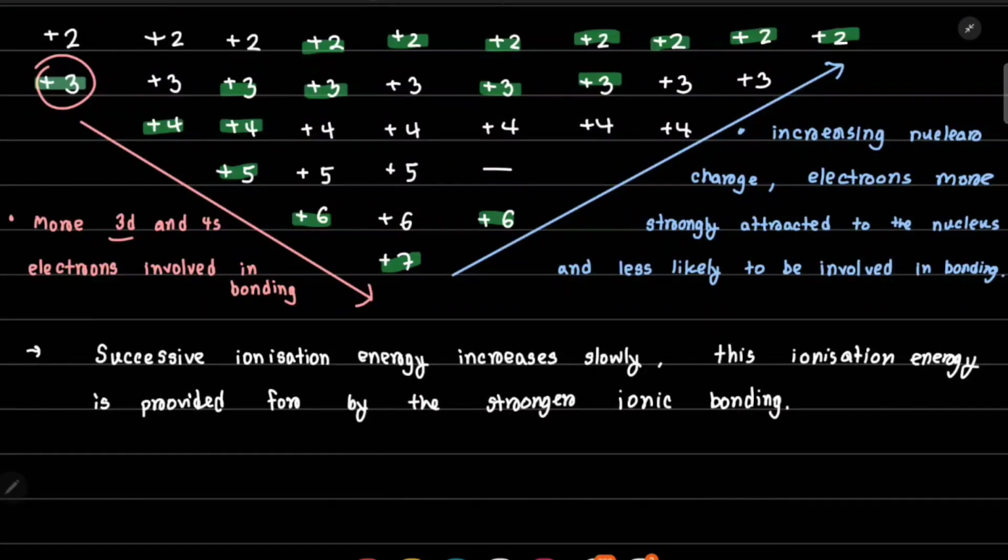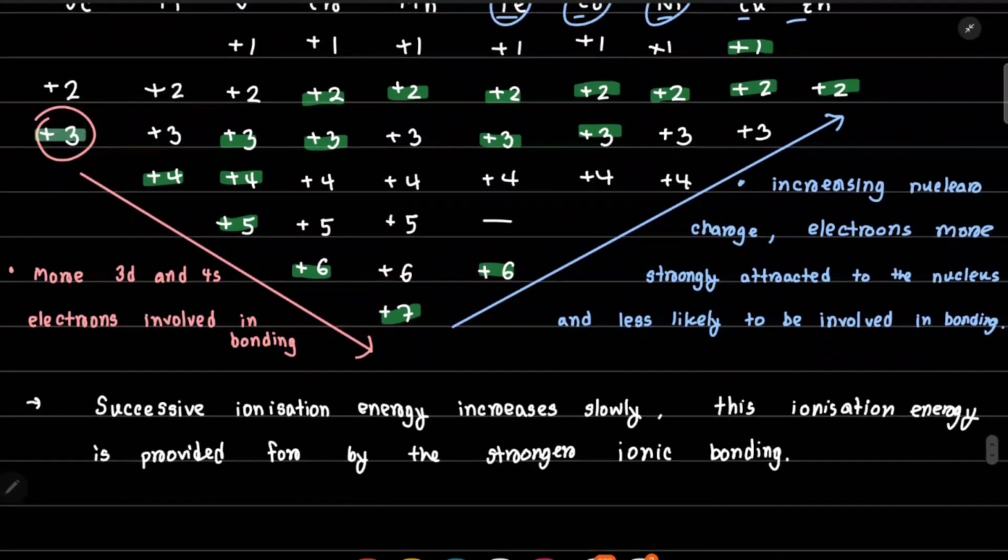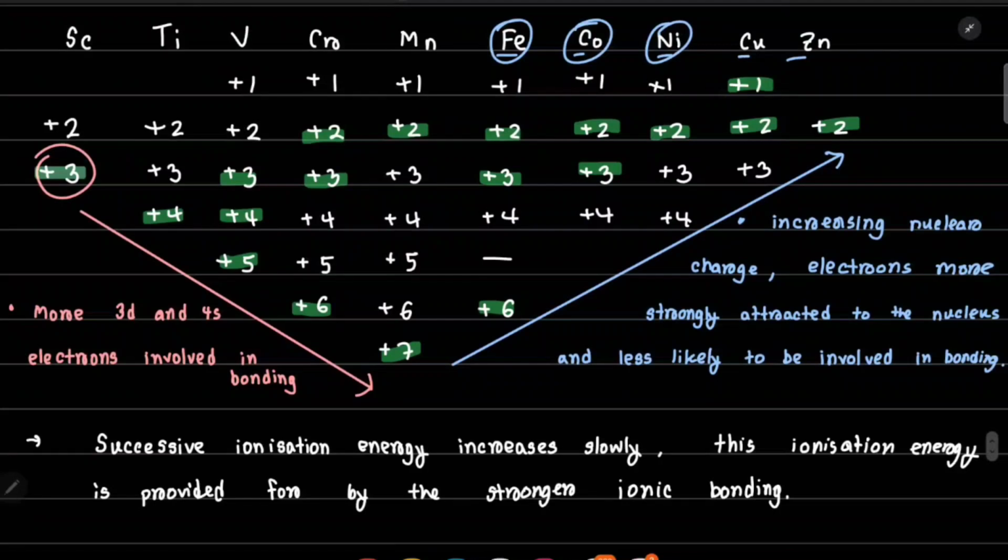More 3d and 4s electrons are being involved in the bonding when we go from scandium to manganese, which causes the rise in the oxidation number. And after that, the increasing nuclear charge becomes a more dominating factor, causing the oxidation number to decrease since the electrons are more attracted to its nucleus.